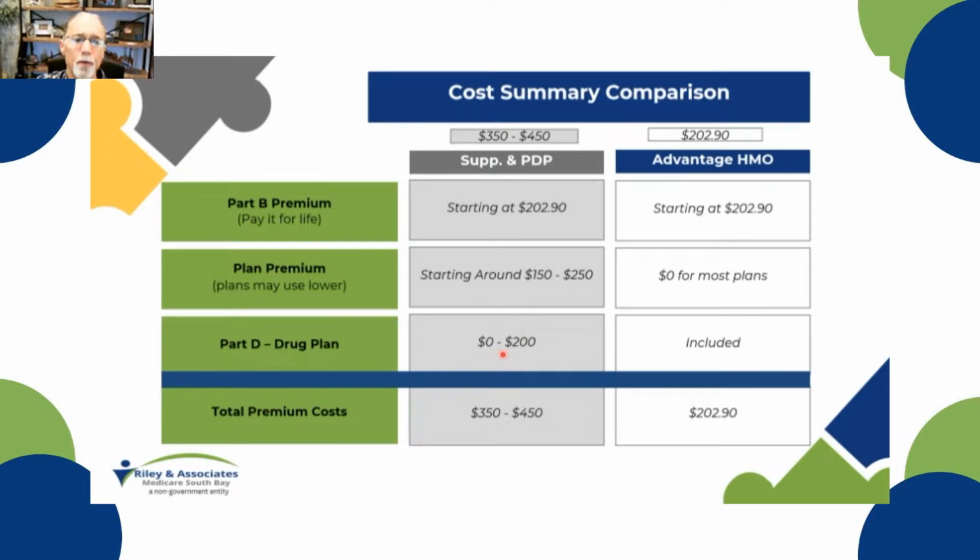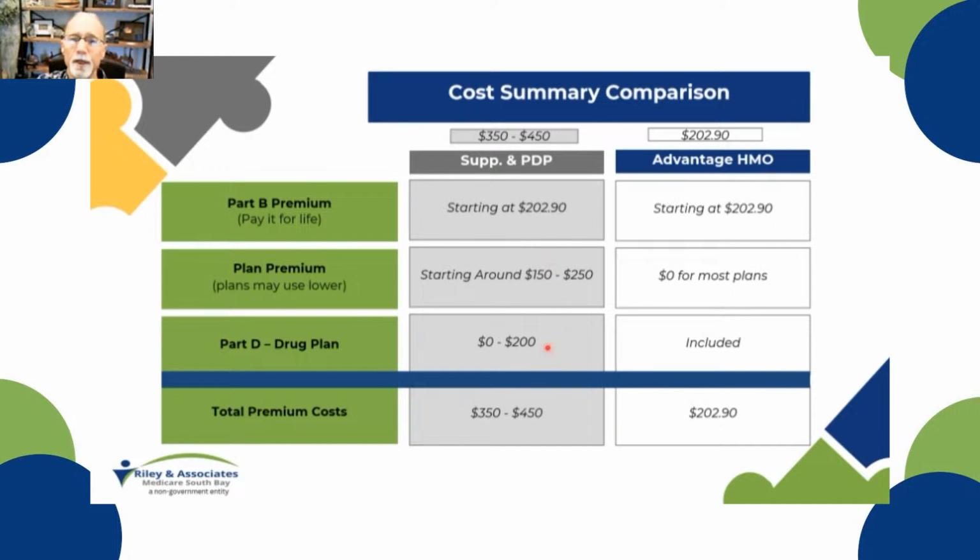And then a drug plan can run you anywhere from 0 premium to 200, depending on what medications you might be taking. So your total cost, if you go with option 1, which is a supplemental, which gives you total freedom to go to any doctor, any hospital in the nation that takes Medicare, is going to cost you anywhere from $350 to $450 all in. That would include your Part B plus your supplemental plan plus your Part D.